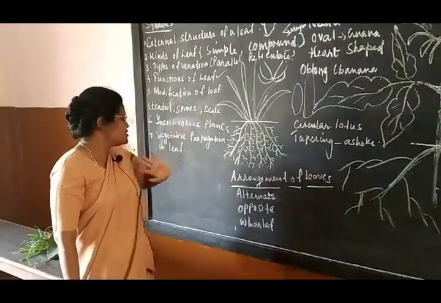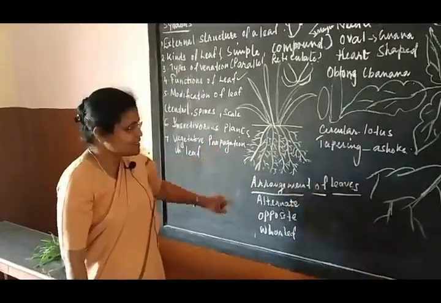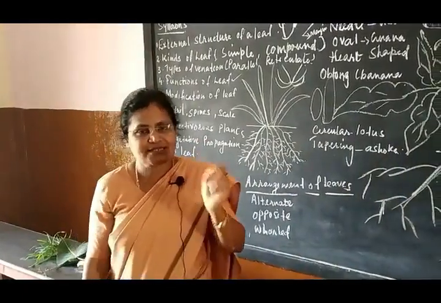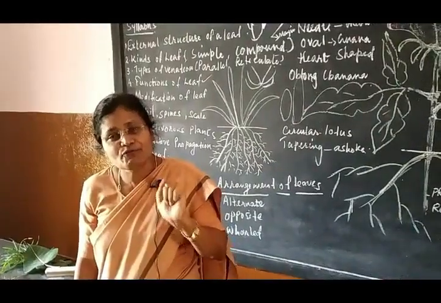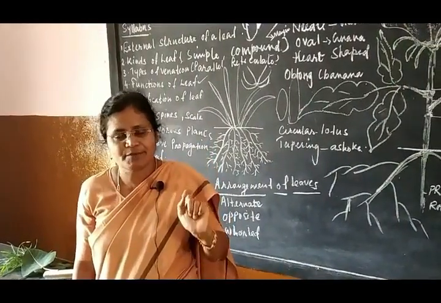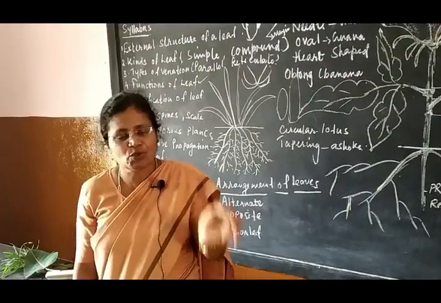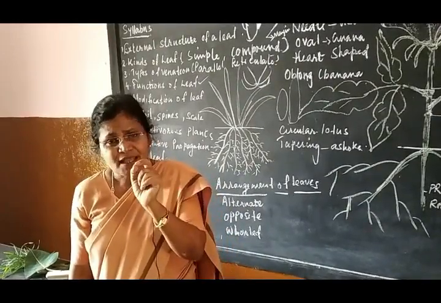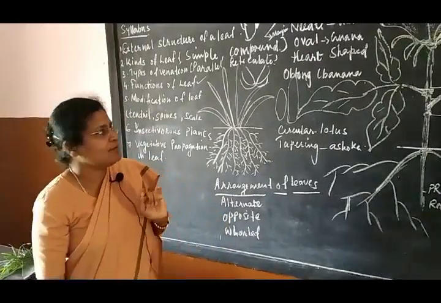Now this is about the insectivorous plants. For details you just go through the book and the video. Then you have another plant called bryophyllum. In the next class I will show you that. You have a leaf plant called bryophyllum. I have one in my pots in the garden. I didn't want to pluck it, I will show you later on. Now this plant propagates, multiplies only from the leaf bud.